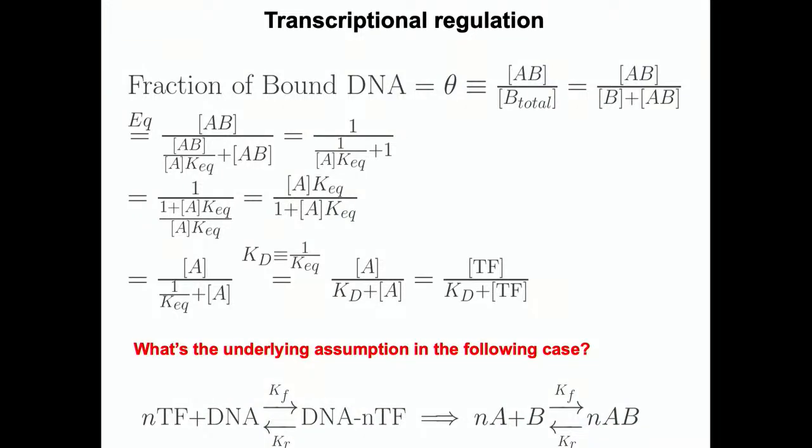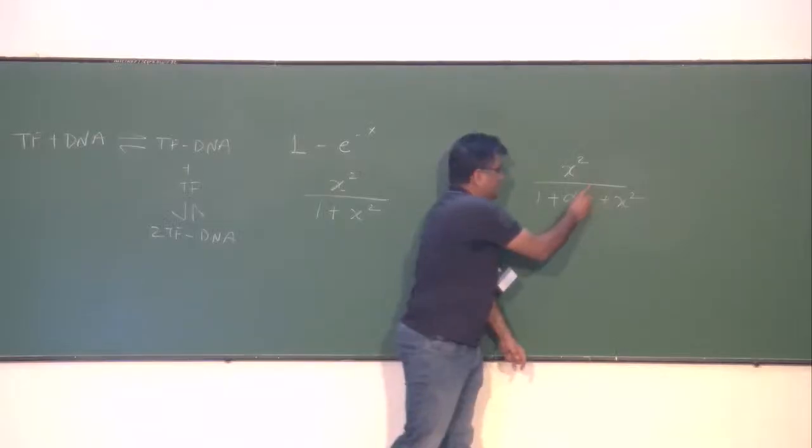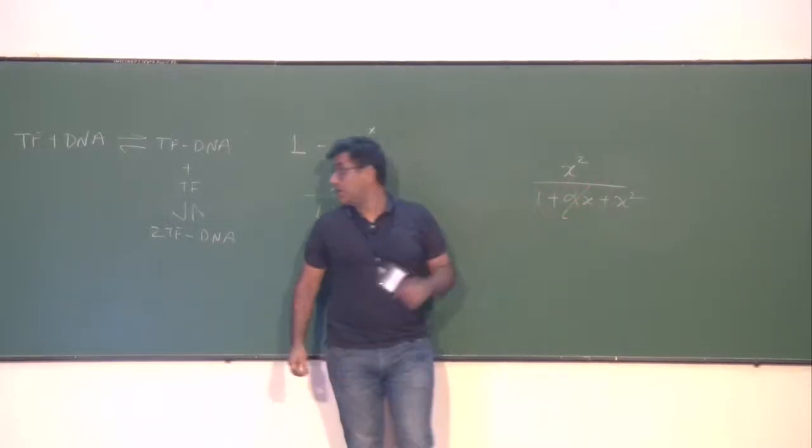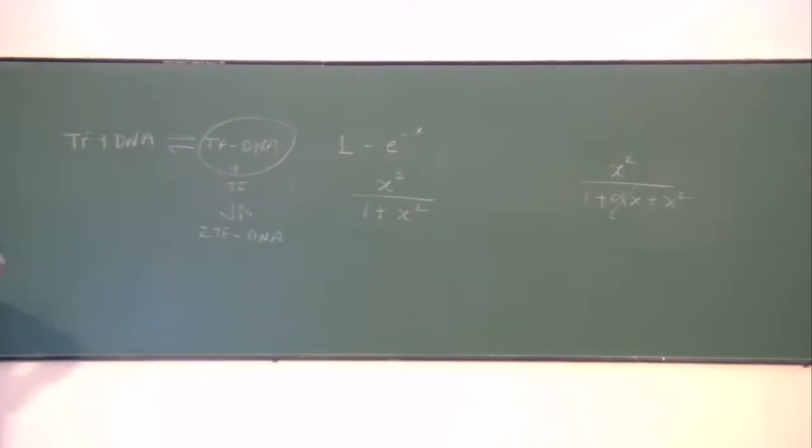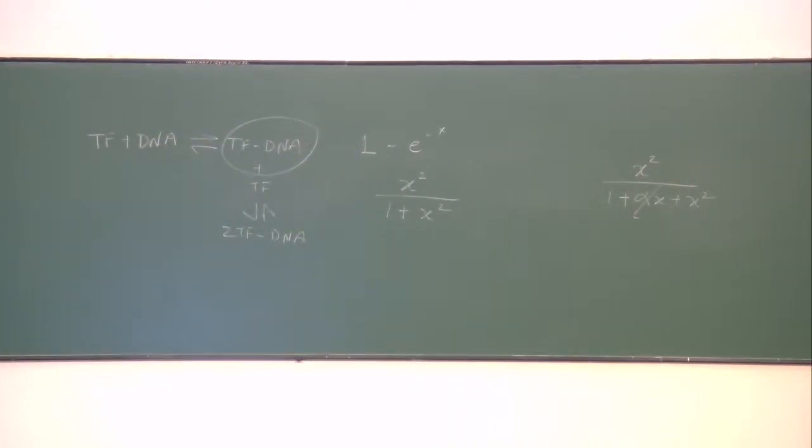But again, if you're ignoring this, which basically means that the single bound complex does not exist because the rate of forward reaction is so high that it eventually goes to that, right? So this is an assumption.